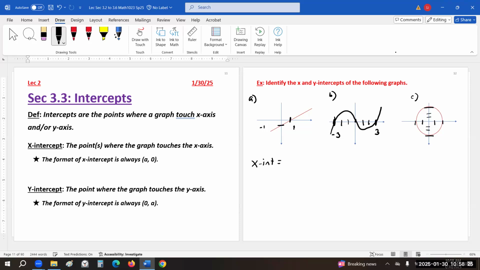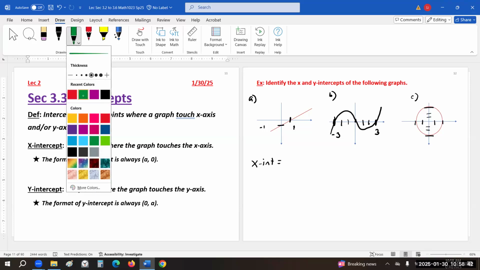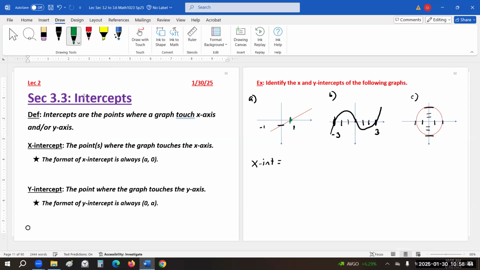For A, our x-intercept is where our line is crossing the x-axis. So it's crossing here. So our line is crossing the x-axis through the x value 1.